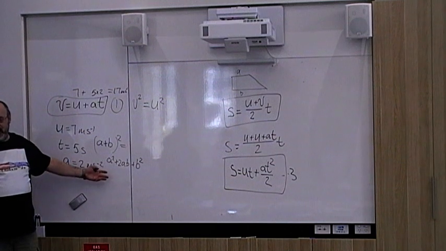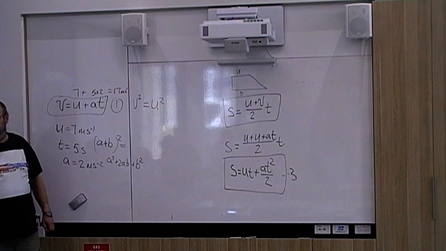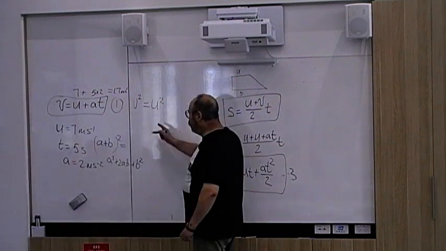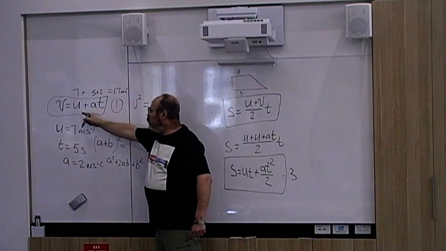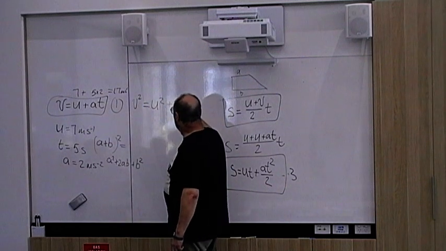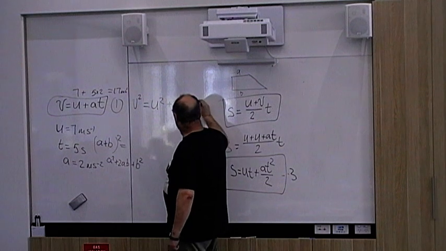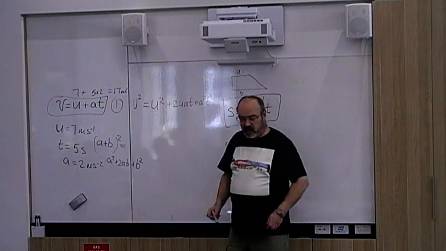From year 8 you should remember that, it starts from year 8, 9, 10. So V squared equals U squared plus 2 times U times AT, plus A squared T squared. I just squared the right hand side.